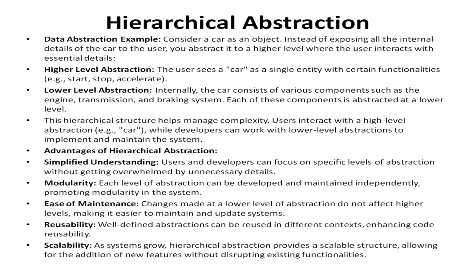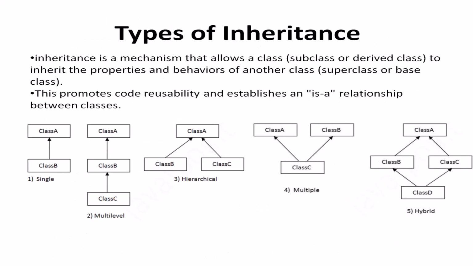Reusability: well-defined abstractions can be reused in different contexts, enhancing code reusability. Scalability: as systems grow, hierarchical abstraction provides a scalable structure, allowing for the addition of new features without disrupting existing functionalities. Different types of inheritance.